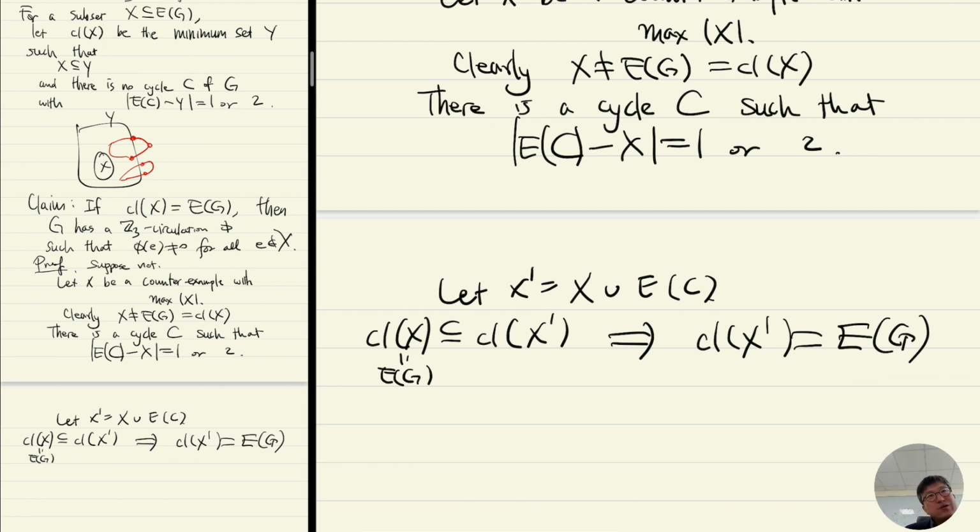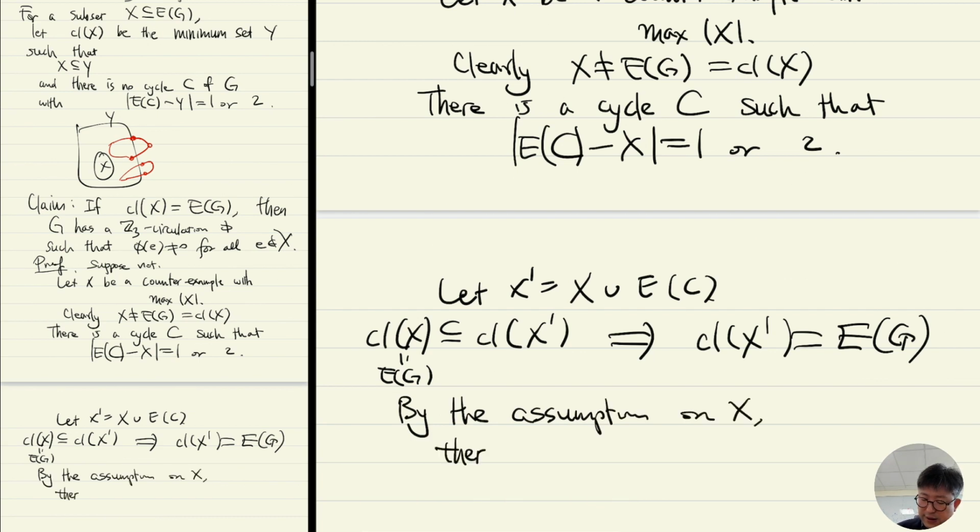Now, X prime is no longer a counterexample because we chose X to be the counterexample with the maximum size. So by the assumption on X, X prime satisfies the claim.